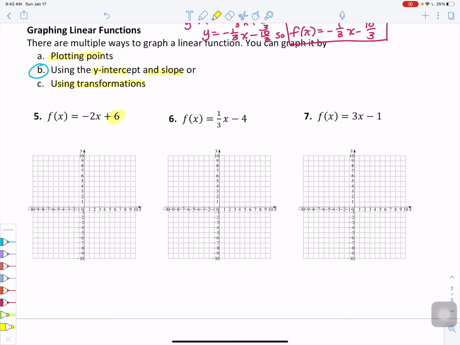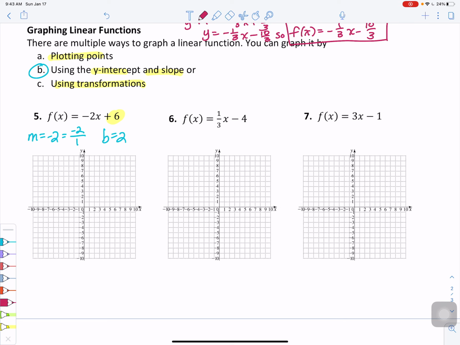The y-intercept is 6, and the slope is negative 2. That is down 2 to the right 1. You could also have up 2 to the left 1, but you have to decide one or the other. I'm going to put the negative in the numerator.